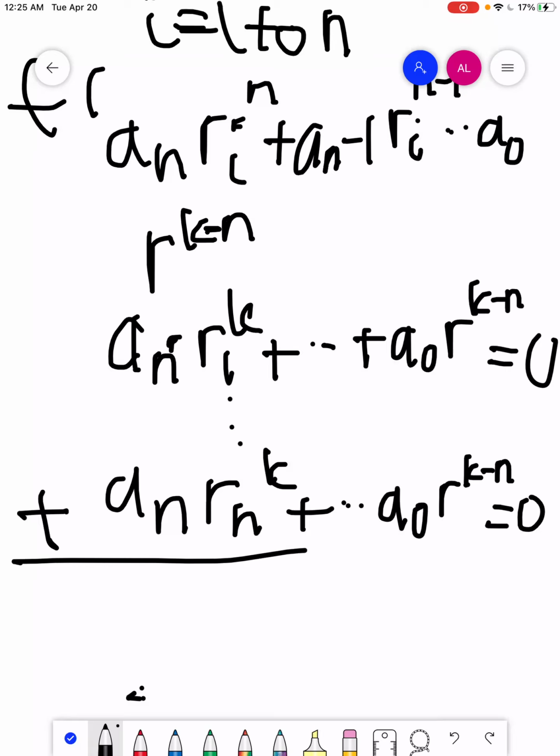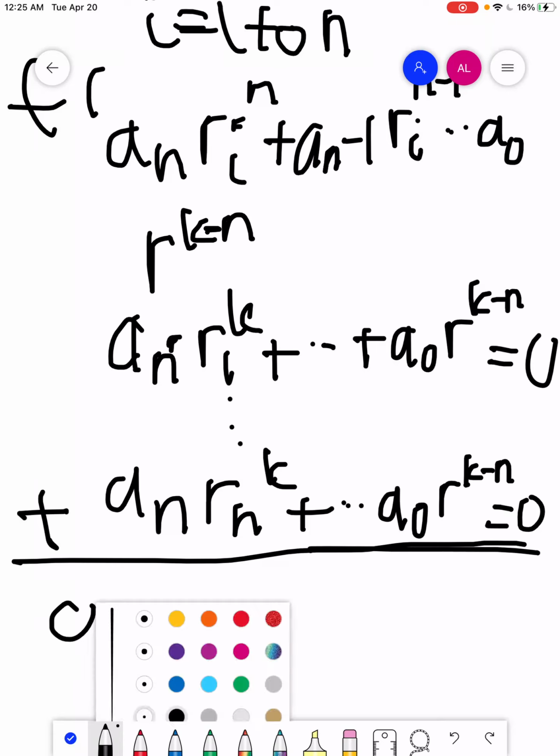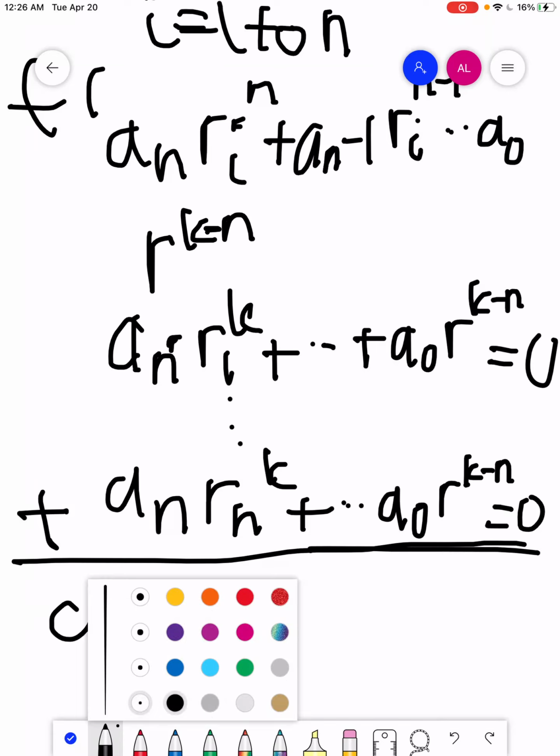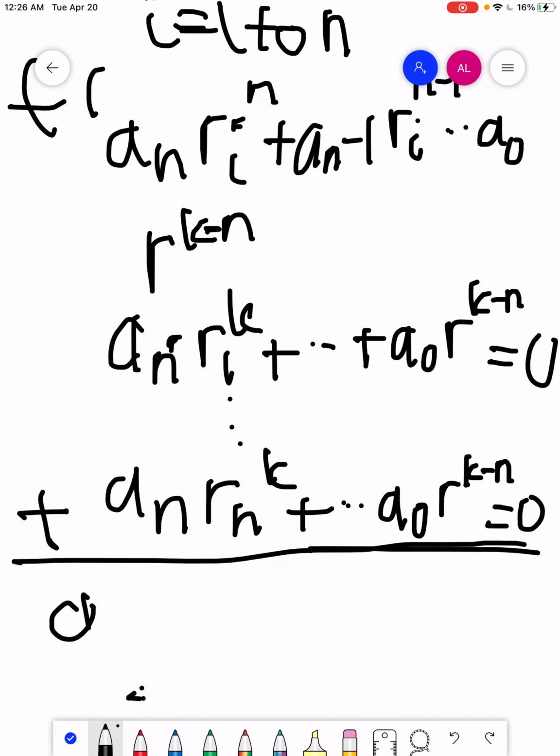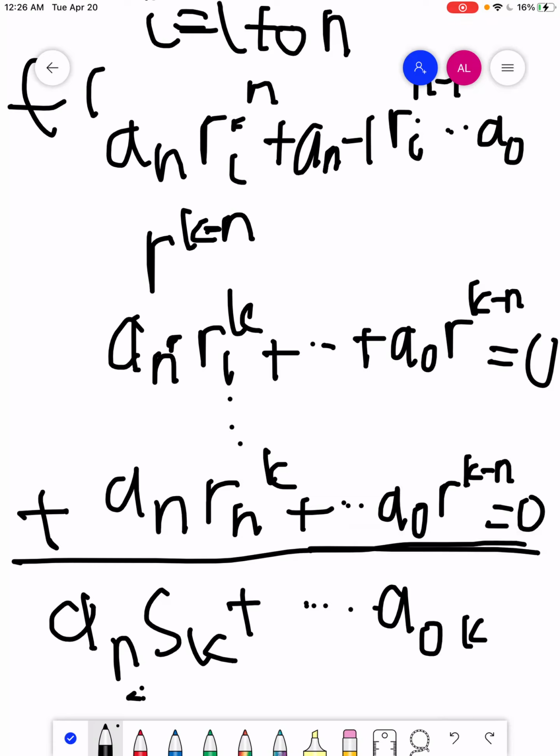So it'll give us sk, since it's a sum of all the roots to the kth power, plus up to a0 times sk minus n, and I find that sk minus n is equal to 0 when k is equal to n. So that's how we derive the general form of Newton's sums.